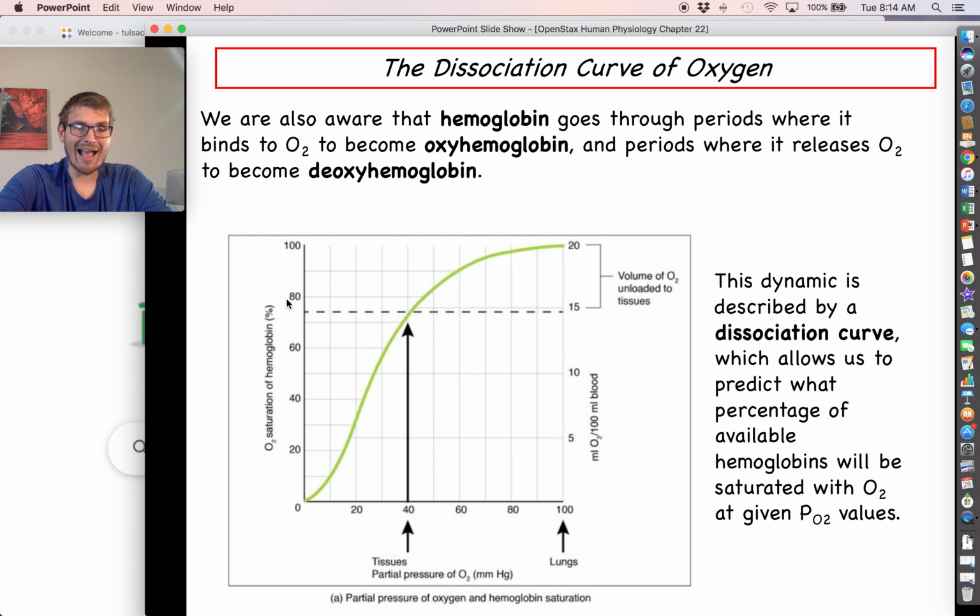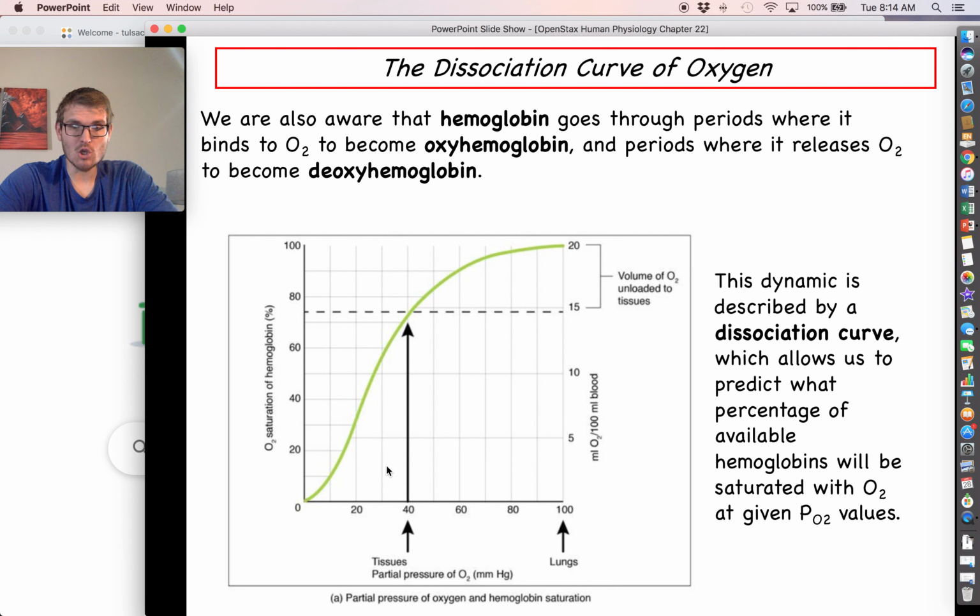And then on the y-axis, you can see the percentage of total hemoglobin complexes that are fully loaded up with oxygen. So one thing that we said is that in arterial blood, in which our Po2 is about 100, you can see that pretty close to 100% of hemoglobin is loaded up with oxygen. That's not really a surprise.